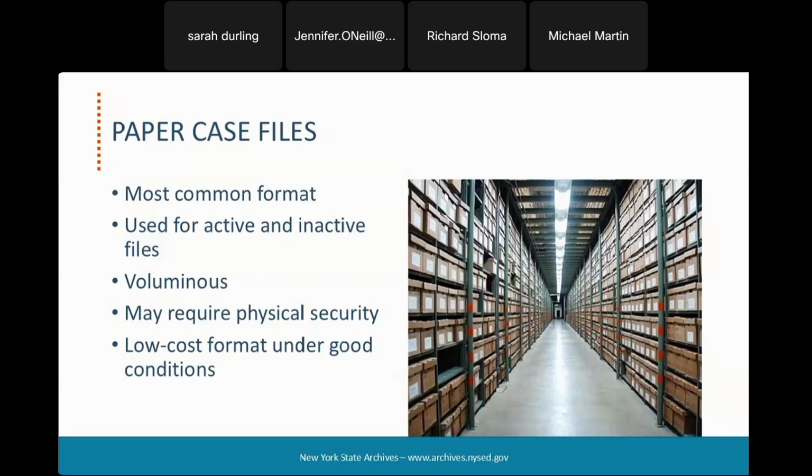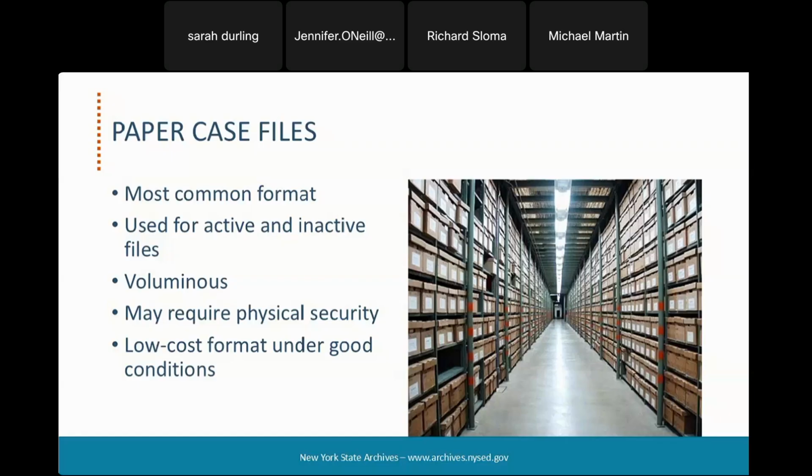But there are some drawbacks to using paper case files. For instance, they can be very voluminous. This image on the screen is of the State Record Center where agencies store their inactive records. And I would dare say that most of the records that agencies store with us are case files. So they can be quite big.